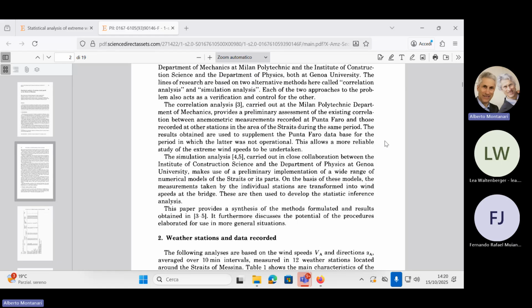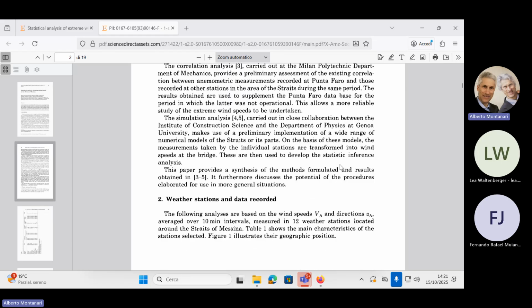Here, with respect to what I said before, the reference to the previous literature is missing, because probably there is no literature on the wind of the Strait of Messina. So they describe the data, which is fine. Sometimes the data description is reported in a separate section, like here, actually, weather stations and data recorded.